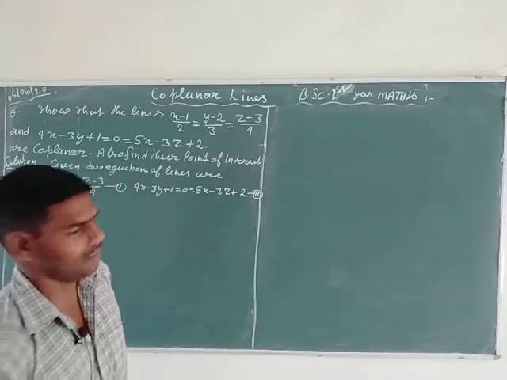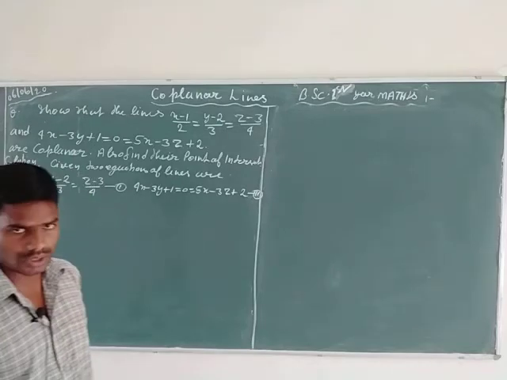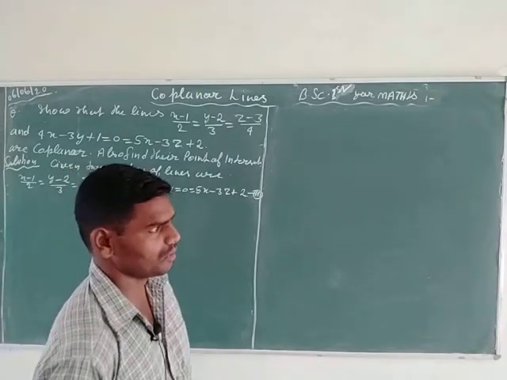The question's aim is first to prove that these two lines are intersecting each other, means these two lines are coplanar.